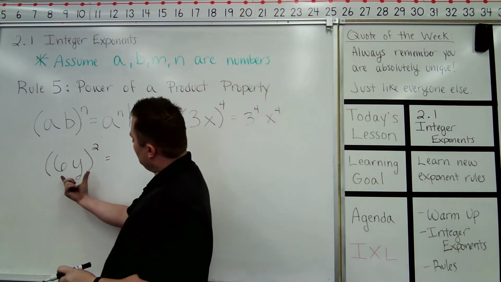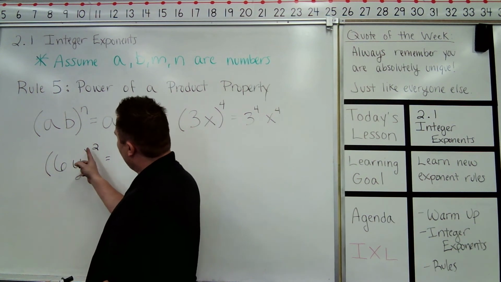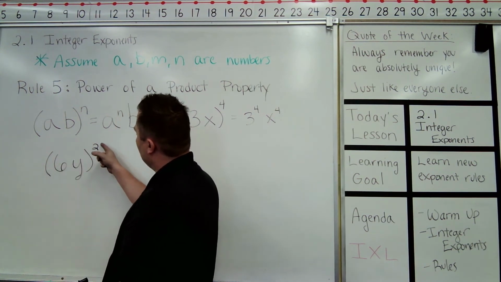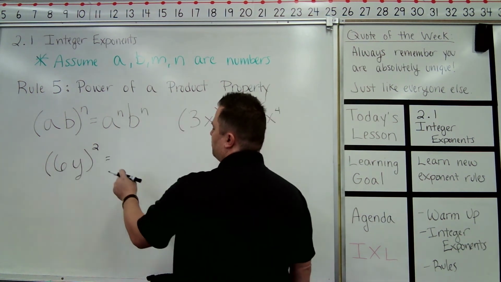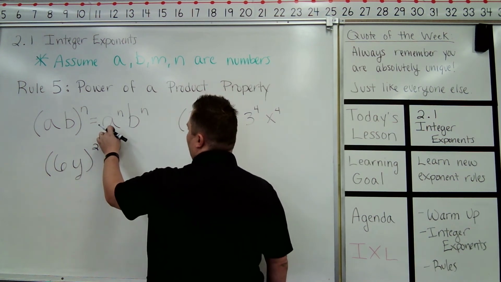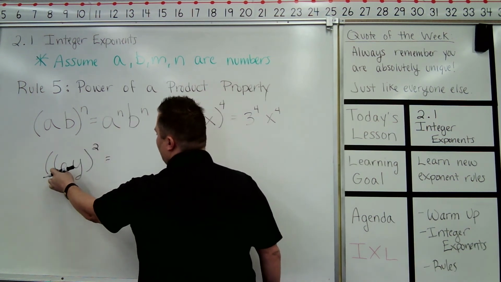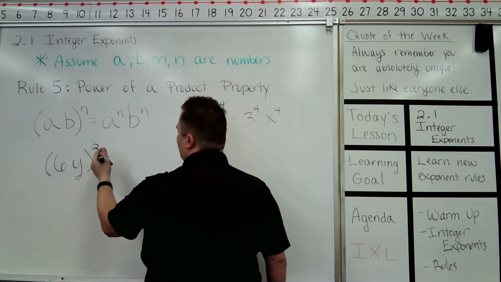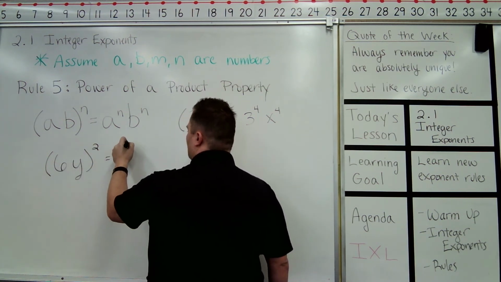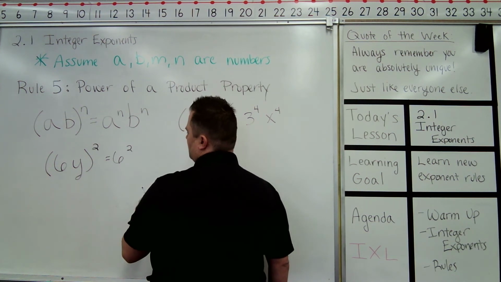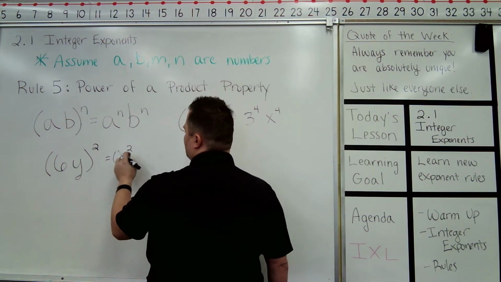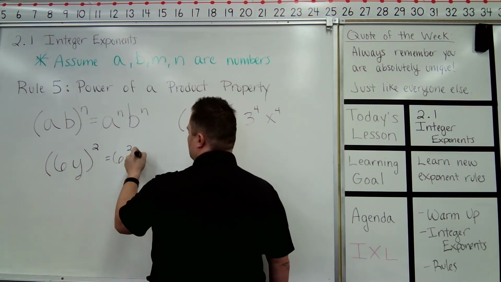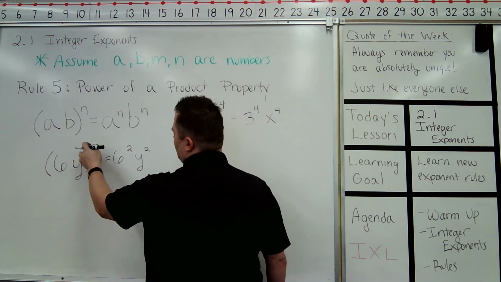I have two things being multiplied together, indicated by the parentheses, raised to the second power. I'm allowed to rewrite it as a to the n, b to the n. So if this is my a and this is my b, this is my n. A to the n would be 6 squared times y squared, because this is my b and my n.